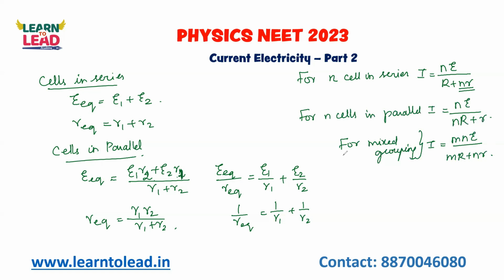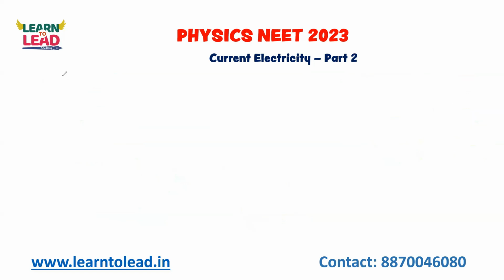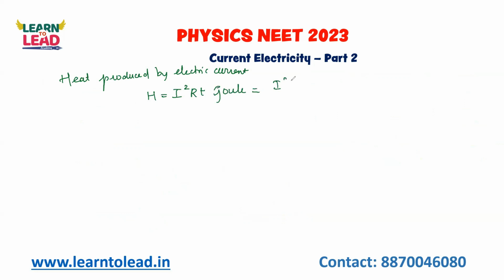Then, next, heat produced by electric current. H is equal to I square RT joules. If I want to convert that into calories, I should divide it by 4.2. Also, heat produced is equal to VIT joules, which you can write as VIT divided by 4.18 calories.